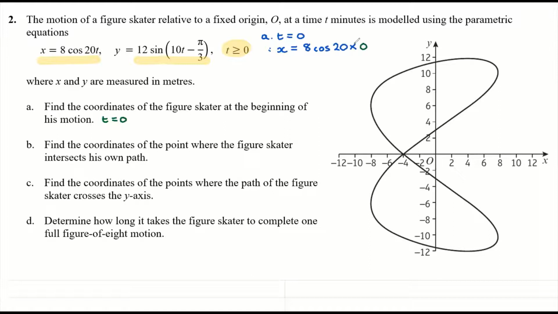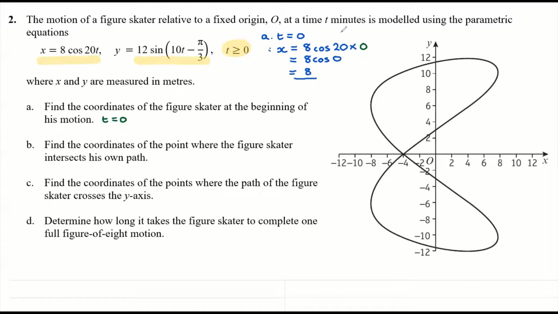Now, you'll be familiar with the cosine of 0. So 20 times 0 is, of course, 0. If you take the cosine of 0, that's going to give us 1. Multiply that by 8, we're just going to get 8. So that tells us that the x coordinate at the start of the motion is when x equals 8.